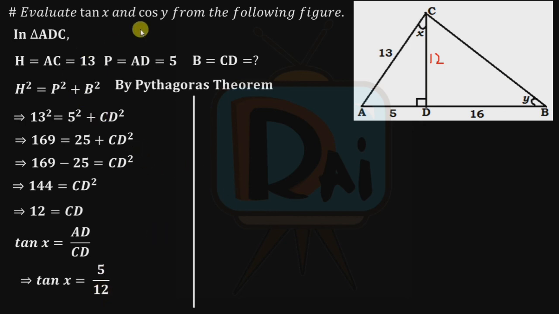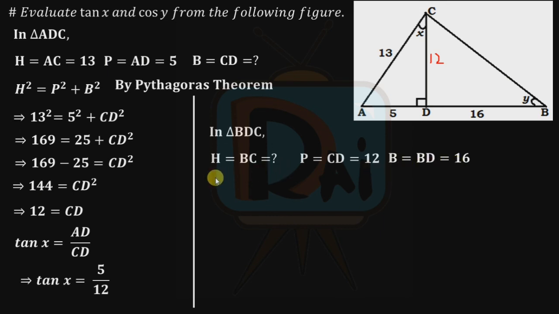Next, I need to find the value of cos y. For that, I'll consider triangle BDC. Here, the hypotenuse is BC, which is unknown. Perpendicular is CD, which is opposite to angle Y, and base is equal to 16. So first, I need to find the value of the hypotenuse.